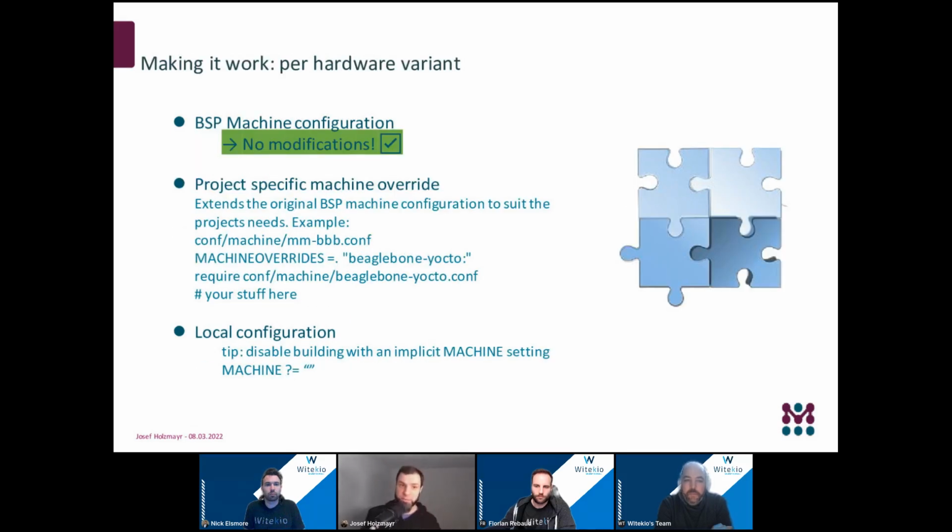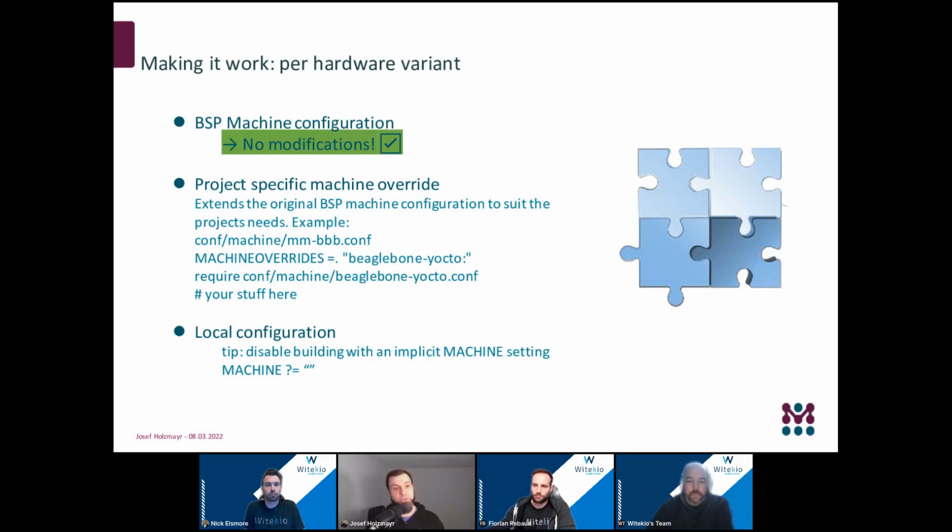So that was exemplary for the machine configuration, but exactly the same concept applies to the distro. The trick is to have your own application layer that pulls in overrides that tie everything together. This is an example for a machine override.